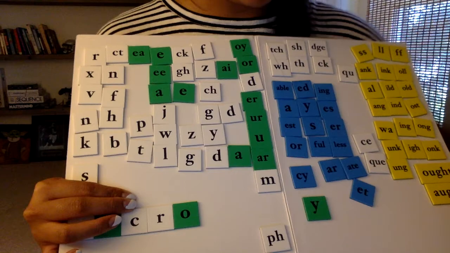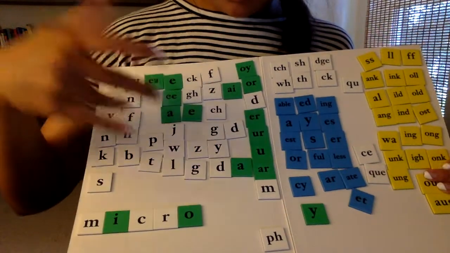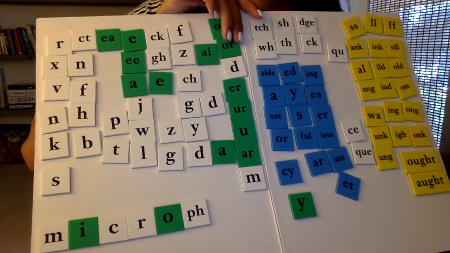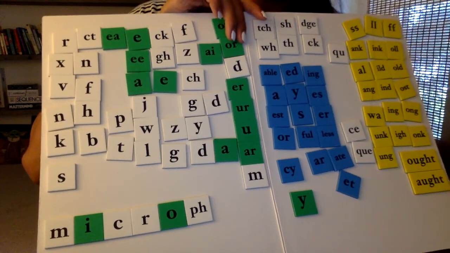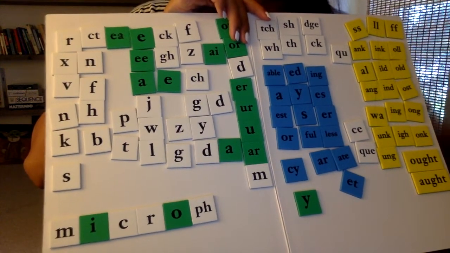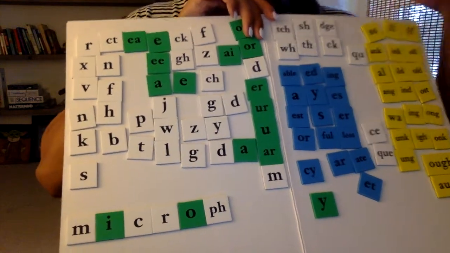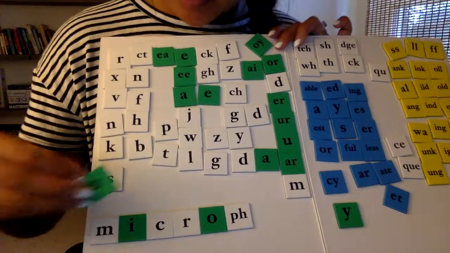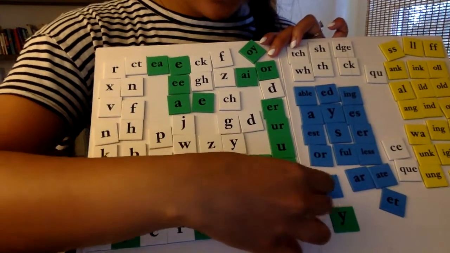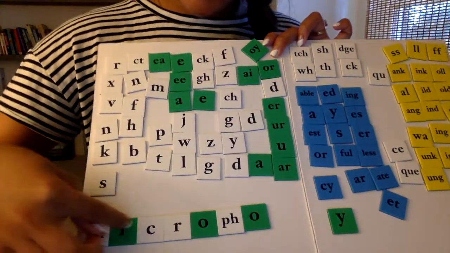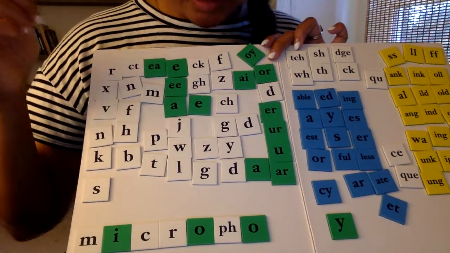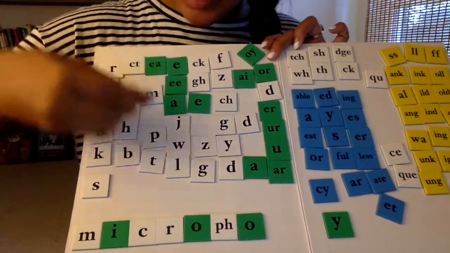So let me get my PH, which is right here. Microphone. So what's the next letter? I need to find another one because I don't have one on my board. Is O. Microphone. N. The next sound I hear is an N.